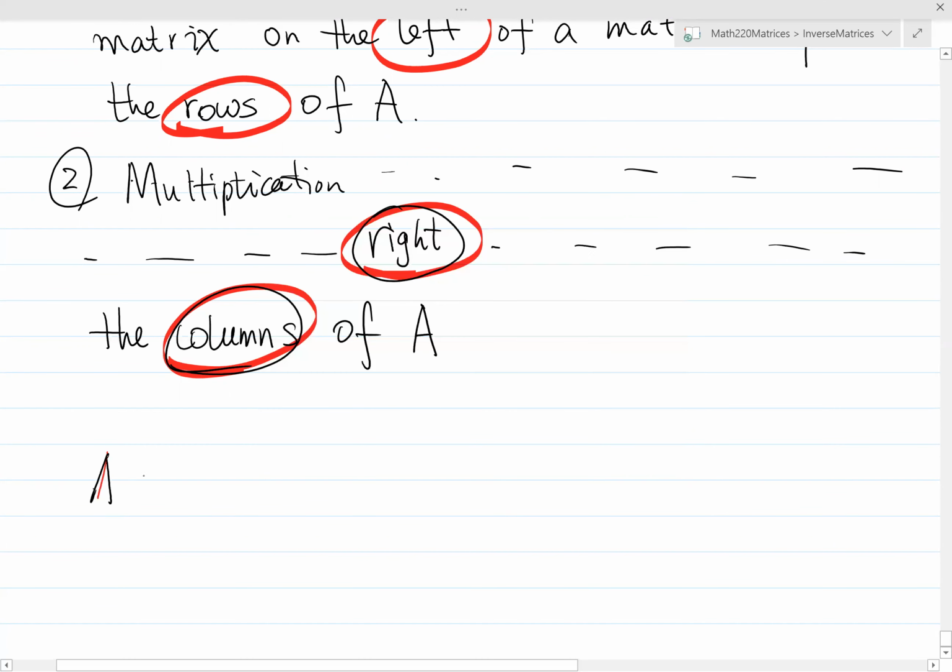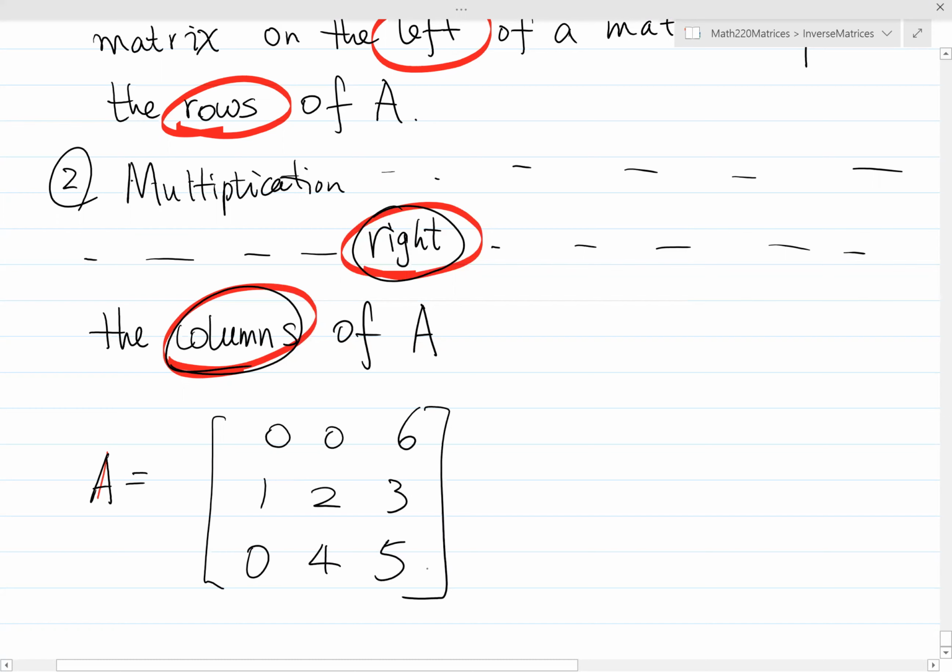Suppose this matrix A is exactly 0, 0, 6, 1, 2, 3, 0, 4, 5. Now we want this to be lower triangular.